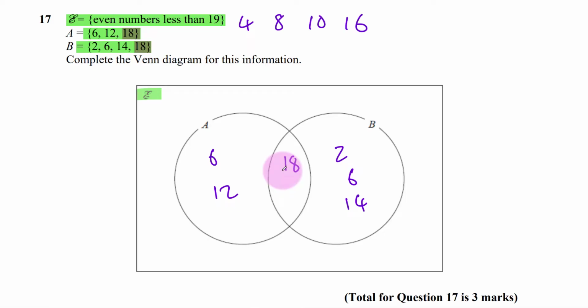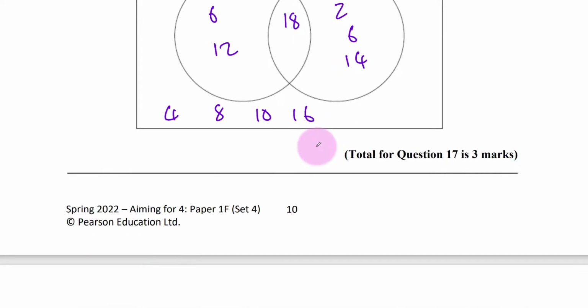Right, so they're not included in the circle A and B, so we just write that on the outside, and that is a quite straightforward 3 out of 3 marks if you understand that.